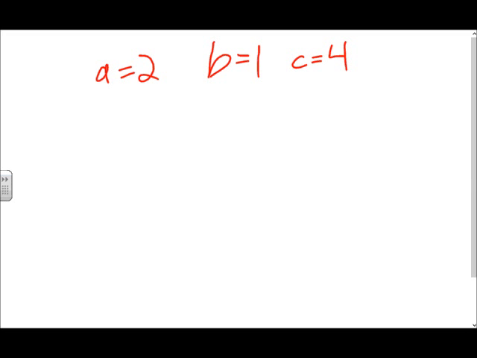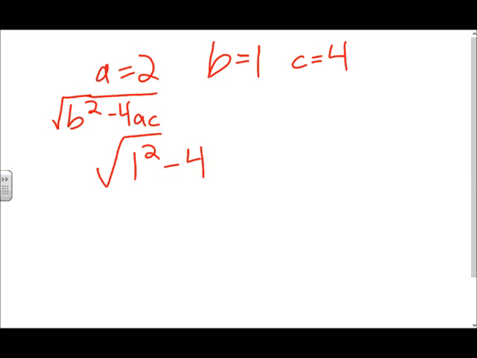So you take the expression here and you just plug everything in. So it would be the square root of 1 squared minus 4 times 2 times 4.